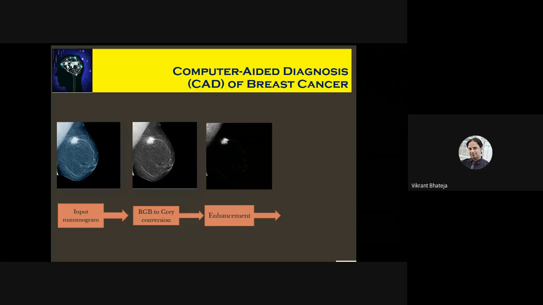Now suppose enhancement is applied over there, segmentation is applied over there, and now you can see that this is the region of interest which has been localized and separated.